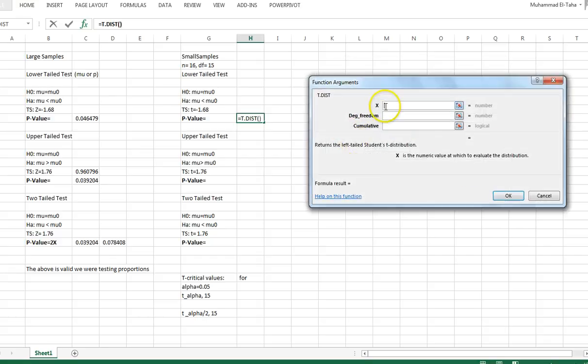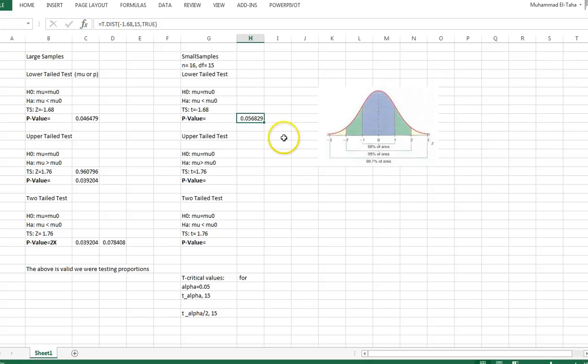I click on it, so I need the value, which is negative 1.68, my degrees of freedom 15, and TRUE, and that gives me the p-value.